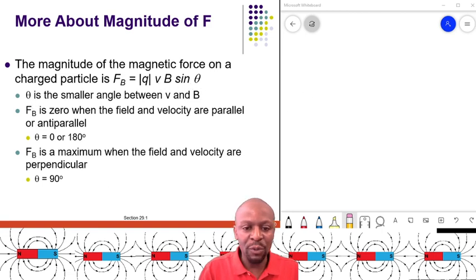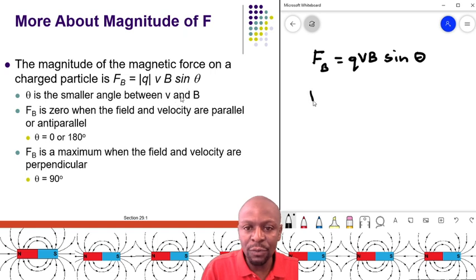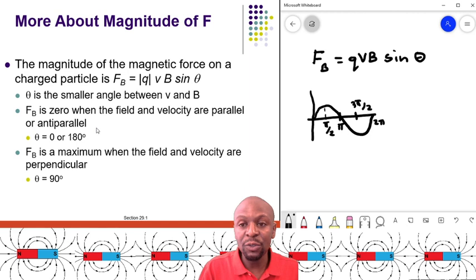Now, I also wanted to show you once again that the magnetic force is given as the magnitude of q, magnitude of v, magnitude of B, times the sine of the angle between them. Now, I just want to draw the sine graph here. The sine graph is drawn in this way, with 2 pi there, 3 pi halves, pi here, and pi halves here.